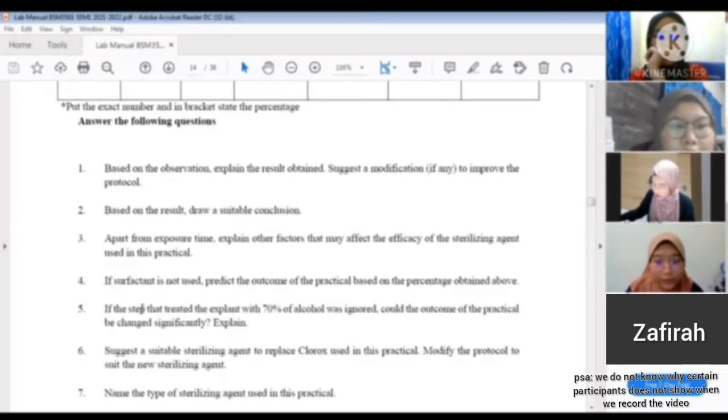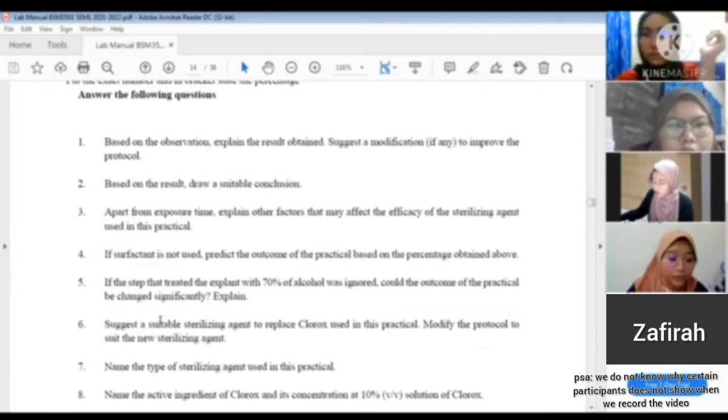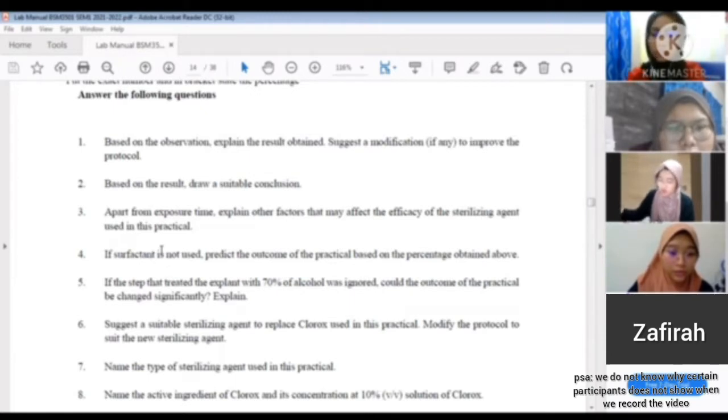Okay, number 4. If the surfactant is not used, predict the outcome of the practical based on the percentage obtained above. So in this experiment, the surfactant, I think, is the ethanol, because ethanol is a non-ionic surfactant, and I think if we do not use this, it will reduce the liquid surface tension. I mean the plant, it will ruin the plant material.